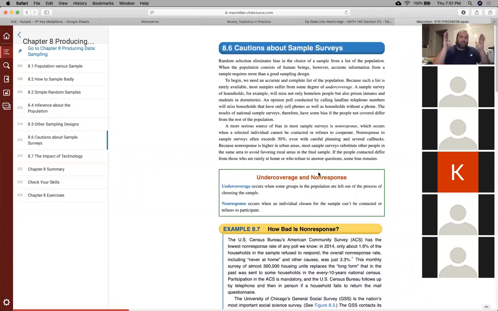Let me just clarify that. So suppose there's 100 people in a population, or 100 objects in a population, and you divide that population into 10 different groups of 10 items each. Okay, so let's see if I can annotate this. See if I can make it a little more clear. So you have 100 items in total.